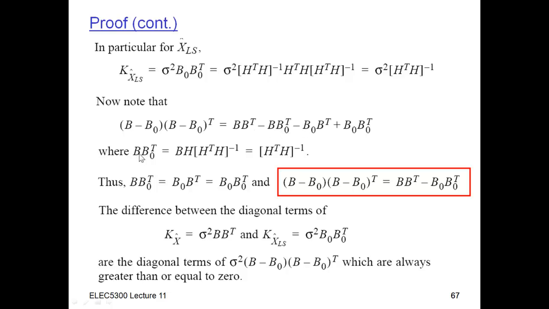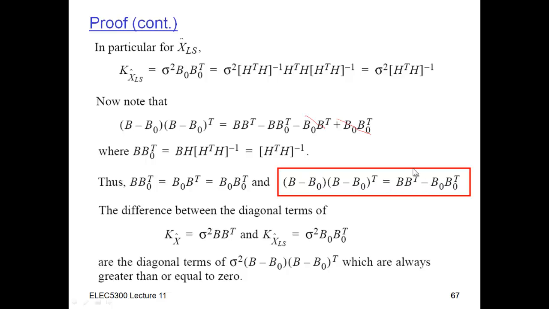So for example, if I have B times B0 transpose, I know the form of B0 transpose is given by this. I know that B H is the identity matrix, so I just get this. And so therefore, this term and this term are all the same. And so I can cancel this term here and this term here. And so therefore, I get this equation right here with what's left over.